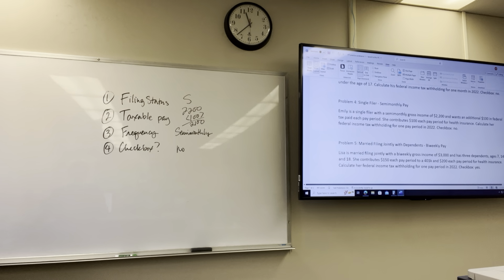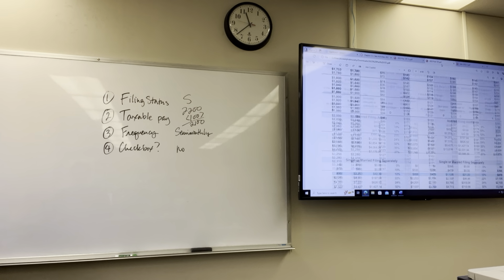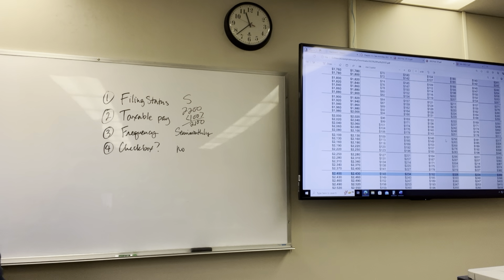All right, this extra $100 in federal income taxes, we're going to add at the end. So first we're going to do this calculation though. So 2,100, did anybody get this one? Semi-monthly.